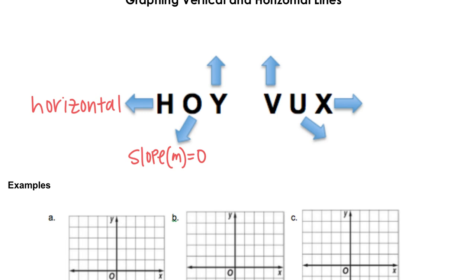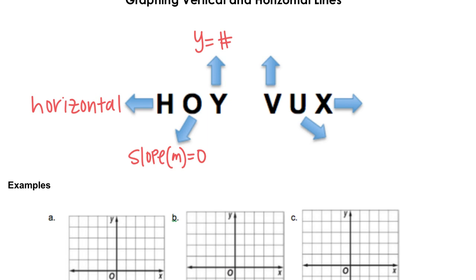Just like the O, it is 0. And then the Y in HOY stands for what our equation would look like of a horizontal line. Whenever we have a horizontal line, the equation is going to look like y equals, and it will just be a number. There will be no x's in a horizontal line equation.